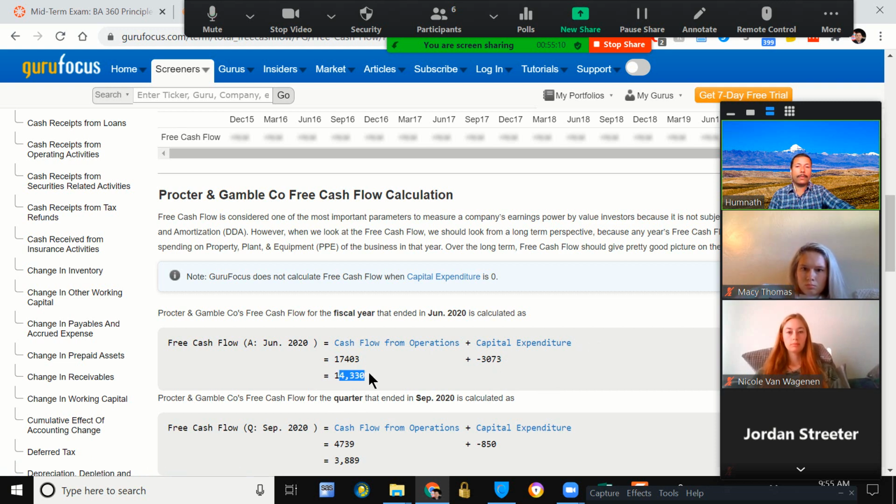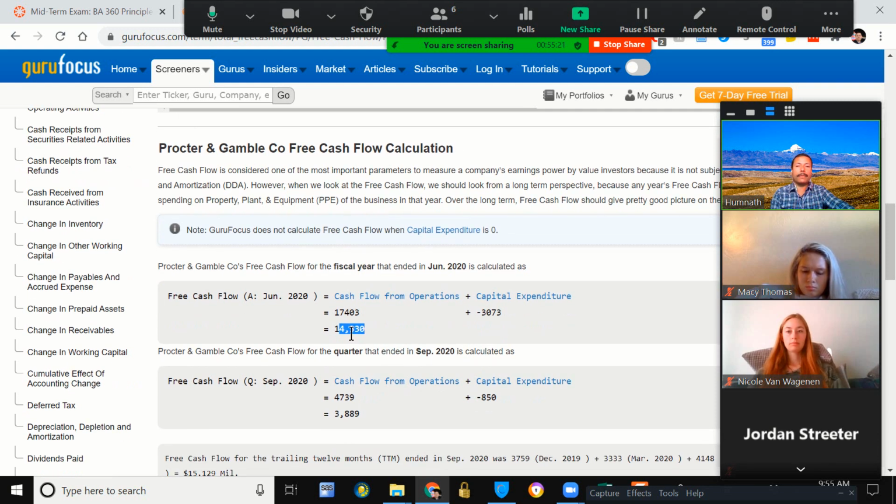So this is the number you're going to be comparing when you are calculating free cash flow. It doesn't have to be very close, but you should get a close number. All I'm saying is compare your value with this website. So let me go back to the website and the Excel file.